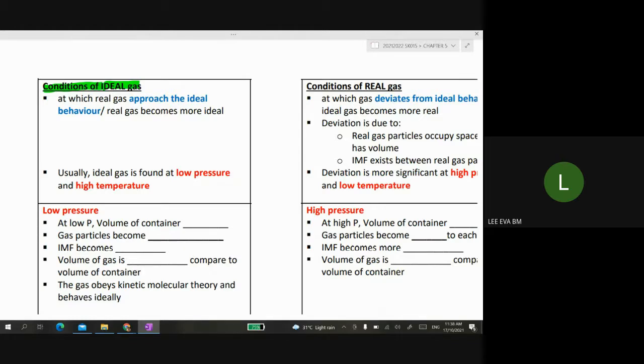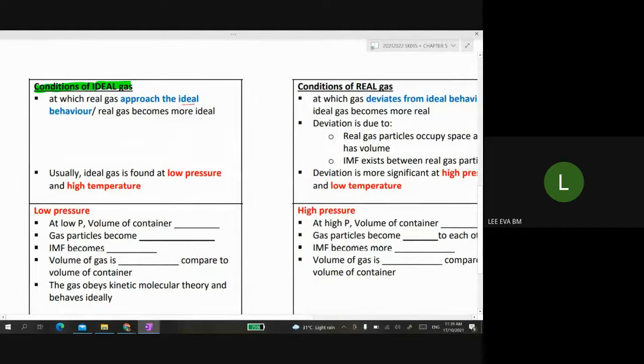A real gas approaching ideal behavior means that a real gas becomes more ideal. Dia lebih kepada ideal gas punya pattern lah. In negligible intermolecular forces, negligible volume of the gas particle. So you can highlight over here, approach, ideal. The keywords over here, more ideal.